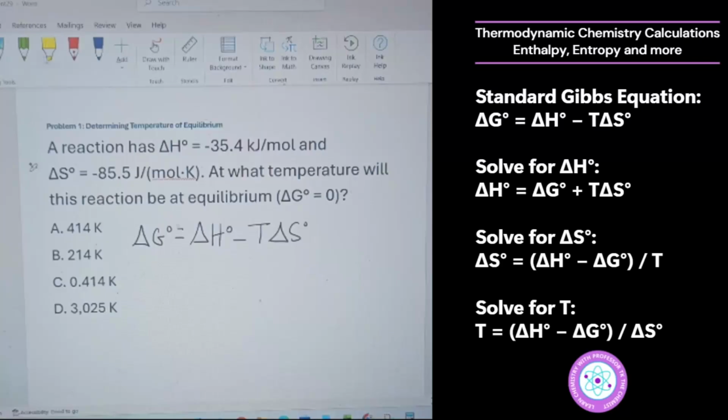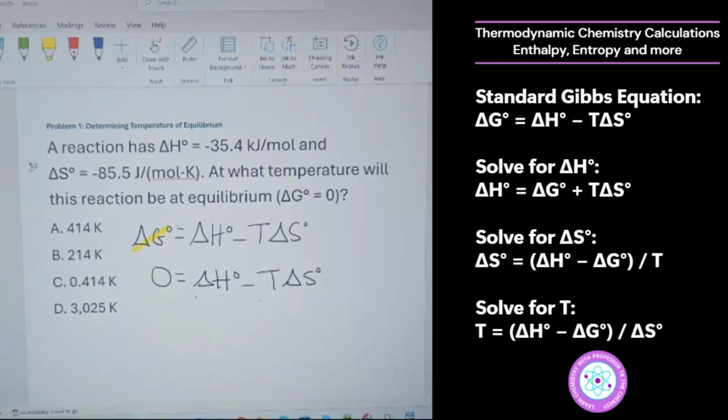So in a case like this, they're telling you that your delta G is equal to 0, which means you're going to, in essence, solve for your temperature, okay? So if I substitute the 0 in, just like this right here, I will switch everything over to the other side so that we can have our T by itself.